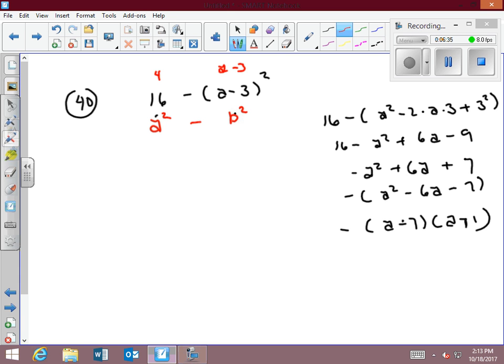Now, look at your binomials, a squared minus b squared. How does it say that factors in your algorithm sheet? A binomial difference of squares always factors out a plus b, a minus b, is that right?